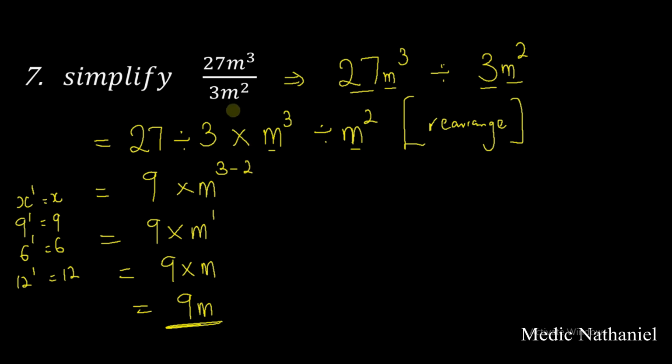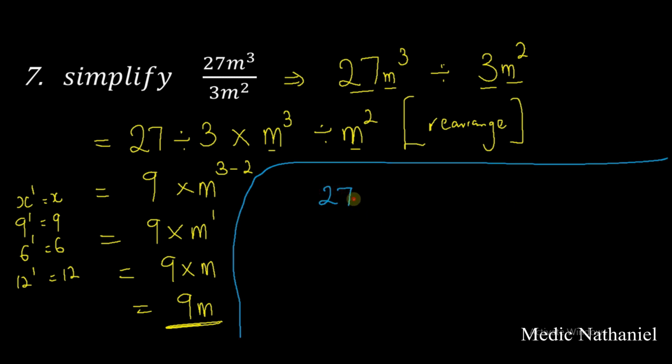If you look at this question in a more caricature way, solving it is actually not something that is difficult. Let's say the question is 27m raised to the power of 3 divided by 3m raised to the power of 2. So I can decide to expand this expression.